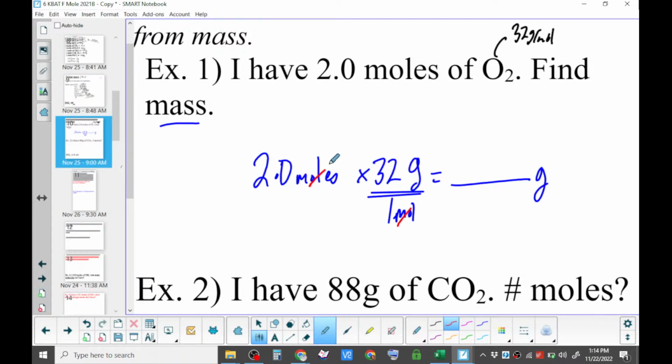That means moles will cancel. I'll get 64.0. Sig figs: 3 sig figs, 2 sig figs. So I will get 64 grams.